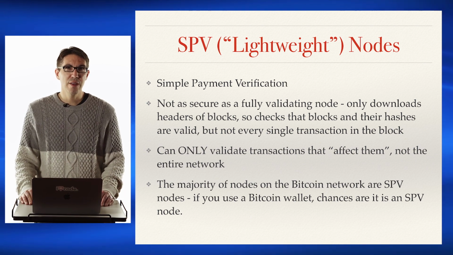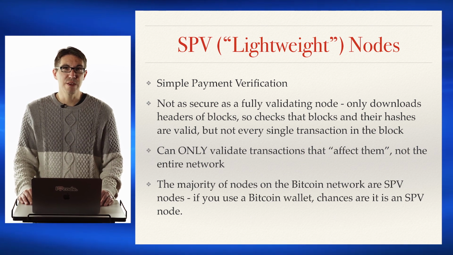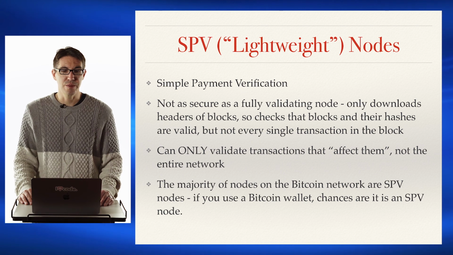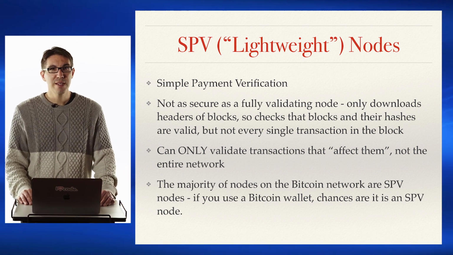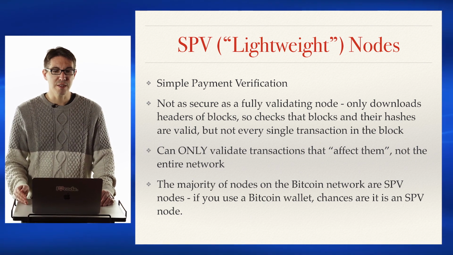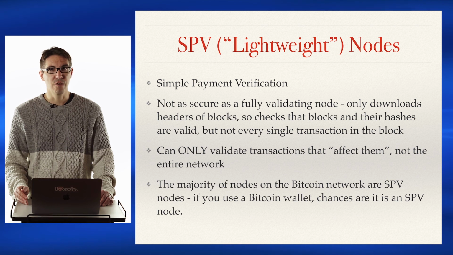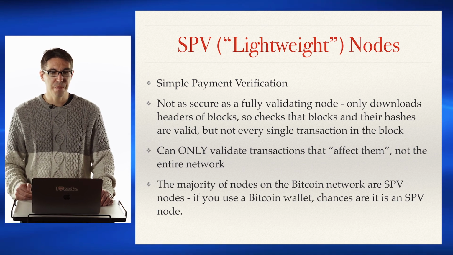There are also other kinds of nodes known as lightweight nodes, or SPV nodes, for simple payment verification. These are not as secure as a fully validating node. Instead of checking all of the transactions and all of the blocks themselves, they only download the headers of blocks, the metadata for the block, and check that the blocks and hashes are valid, but not every single transaction. This means that they're only ever going to validate transactions that affect them.